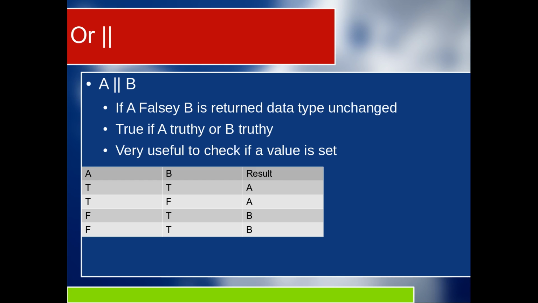We can just return A, and then we can determine from that the truthy or falsiness of the entire operation. This is really useful if you want to check to see if something exists inside of a variable set inside an object, or if a parameter, we'll talk about those as being passed into a function. It's really kind of a useful thing.